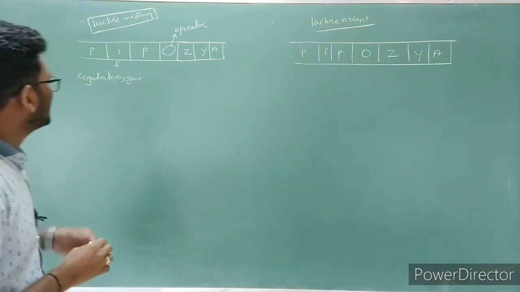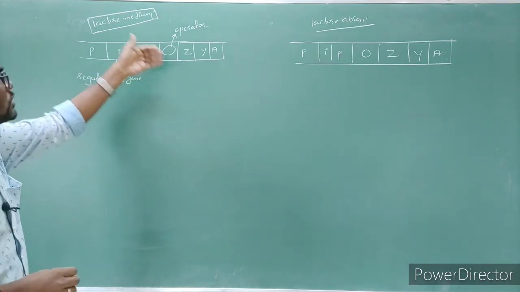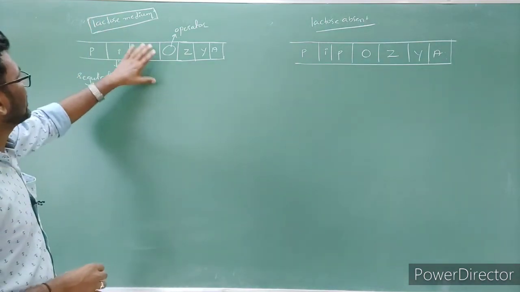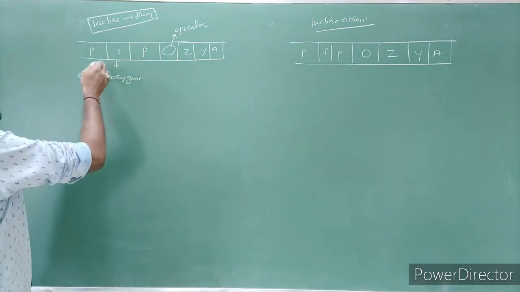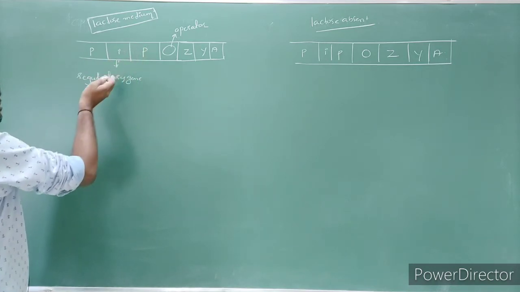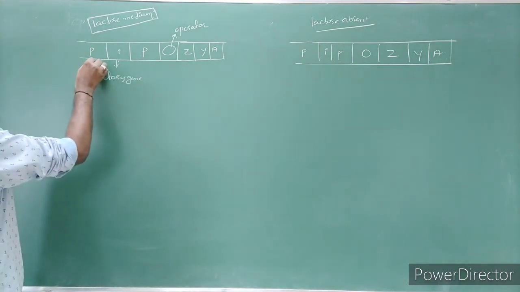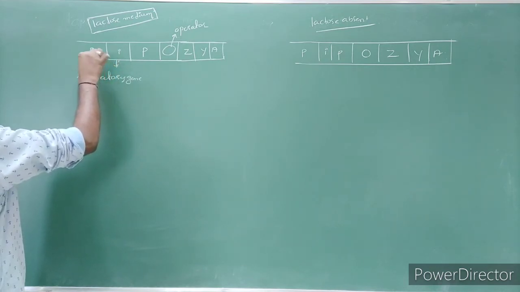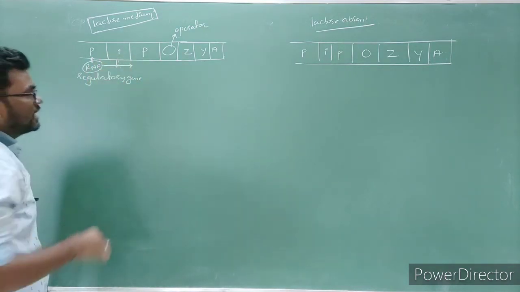Let's check it once. In the first case, the E. coli bacteria, the operon, is growing on lactose medium. Here there is a promoter, a regulatory gene, and again a promoter. The regulatory gene is always active. First, RNA polymerase enzyme binds on this promoter site and moves towards the regulatory gene.